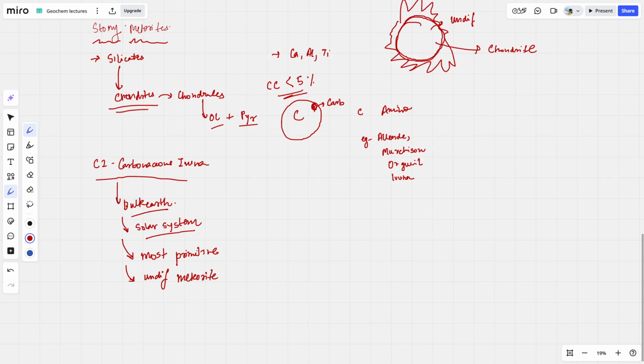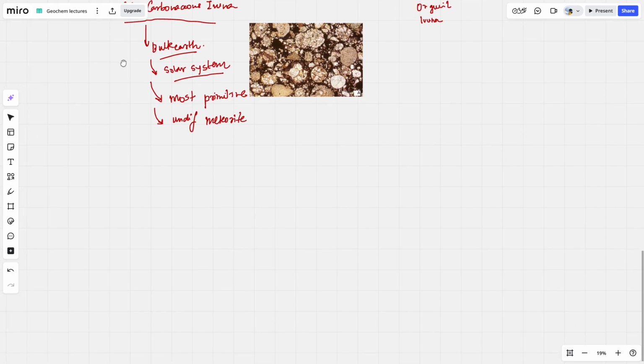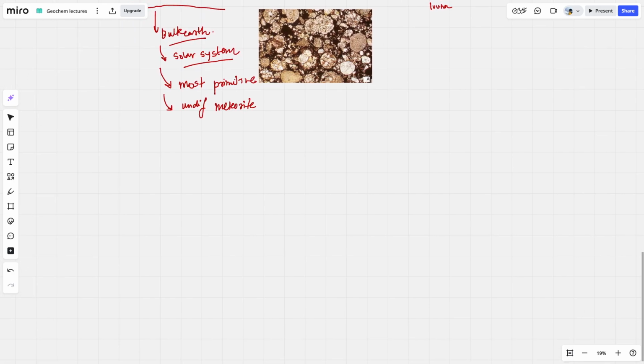Fine. Okay. So just to give you a diagram, just a minute. So this is the carbonaceous Ivuna, and then we have the stony meteorite.